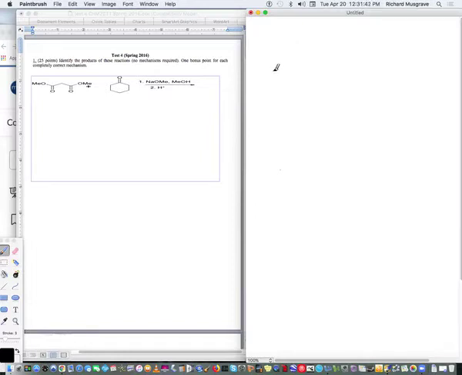Okay, so this one here is a Knoevenagel condensation. I'm not going to go through the mechanism of it. If you want to see the mechanism, you can look at the key. But I'll show you how you can get the answer fairly easily, as long as you recognize it's a Knoevenagel. The Knoevenagel has a very similar kind of pattern to the aldol condensation.